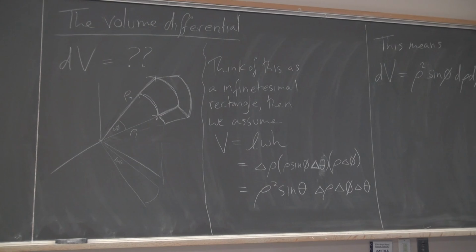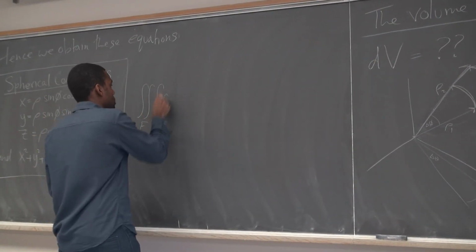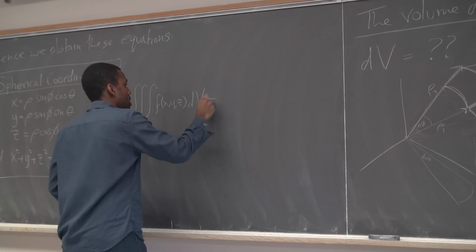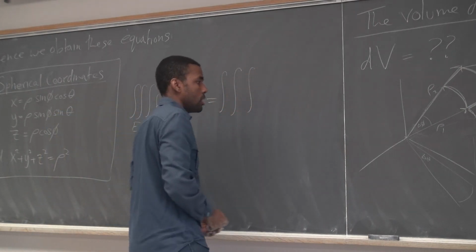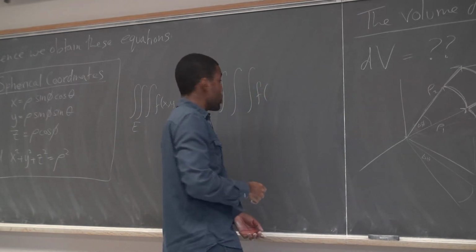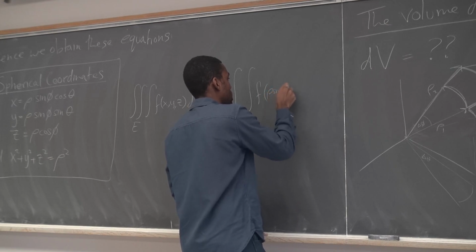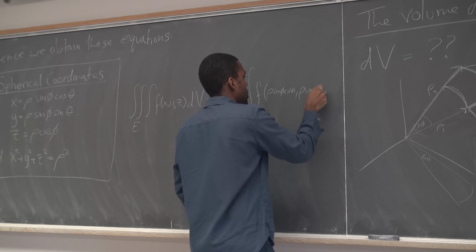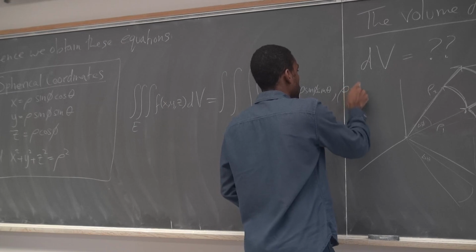And what's going to happen is, if we're given a triple integral over some object of f of x, y, z, dV, basically this guy can be translated into a triple integral where your x will be replaced by rho sine phi cosine theta. Your y would be replaced by rho sine phi sine theta. Your z would be replaced by rho cosine phi.